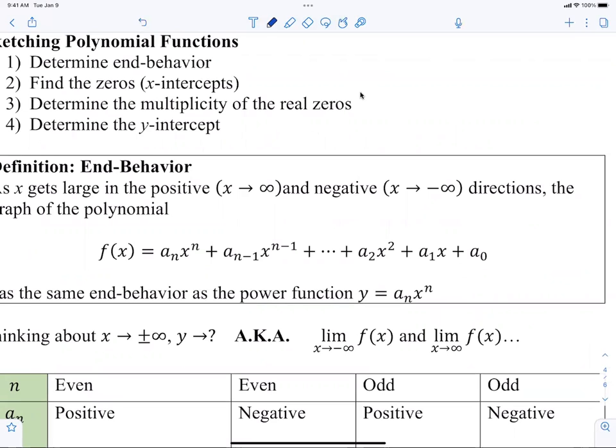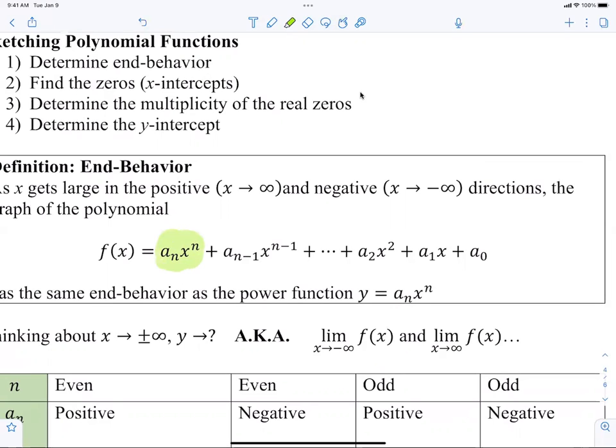For polynomial functions, I like to think of the terms as being at a tug of war with each other, where the term with the largest exponent, which corresponds to the term where you determine the degree of the polynomial, is going to dominate the other terms every time and win that tug of war.